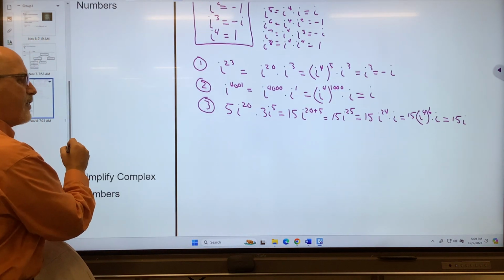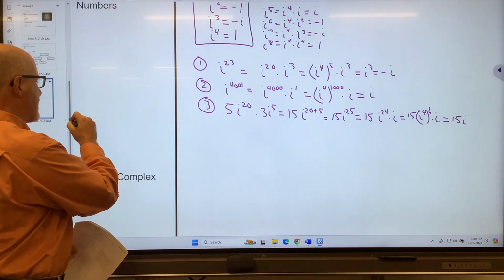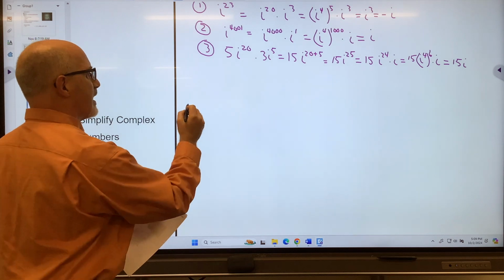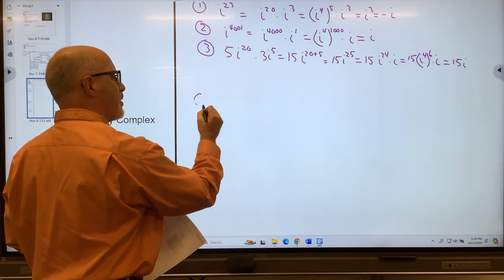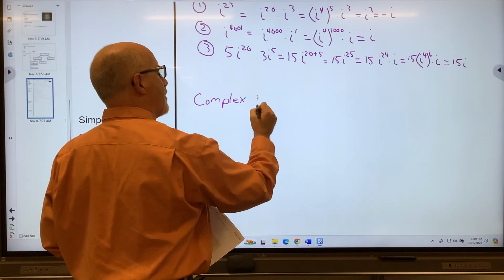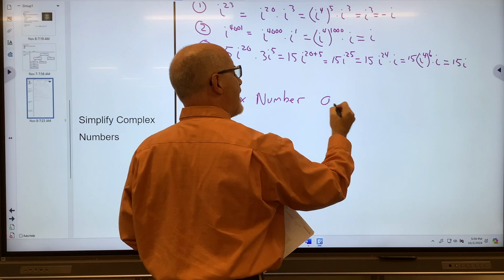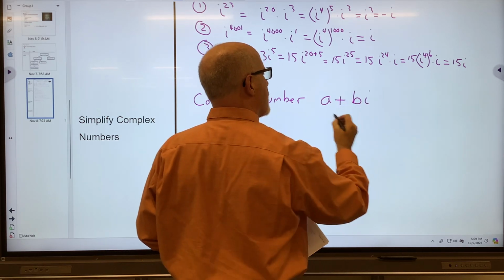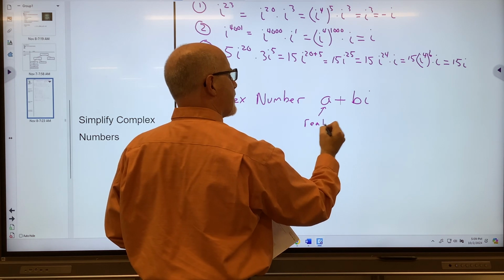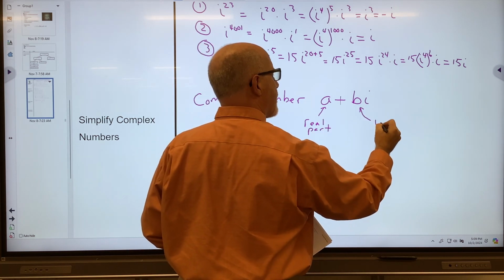Now, if you were instead working with complex numbers, complex numbers add a real part to it. Just so we look at that, a complex number, this was on the previous page, I'll just restate it here. A complex number is in the form of a plus bi, where a is the real part, and bi is the imaginary part.